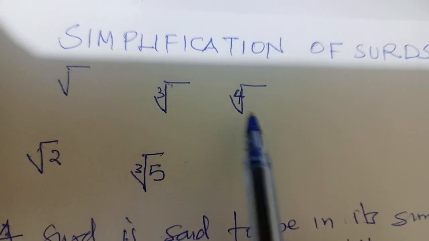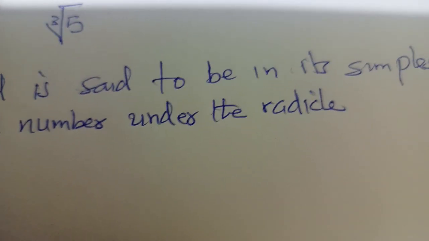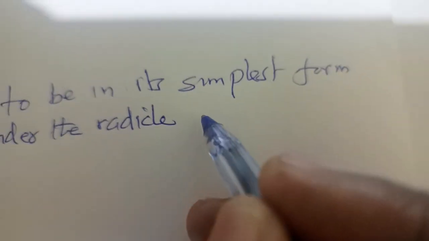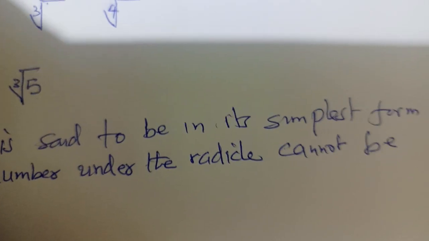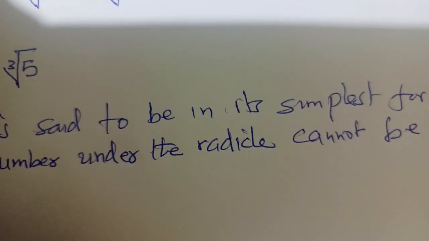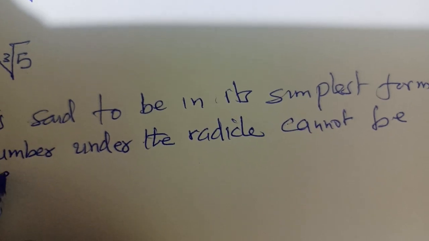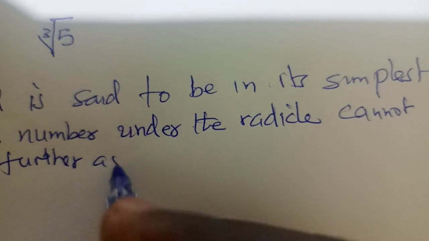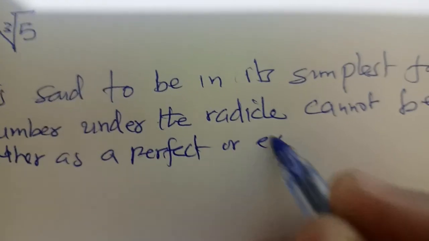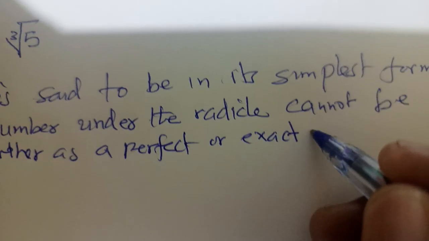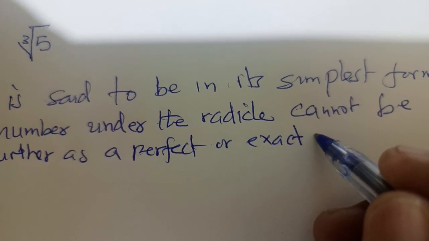The radical could be a square root, like what we have here, a cube root, a fourth root, a fifth root, etc. If the number under the radical cannot be simplified further as a perfect or exact root.